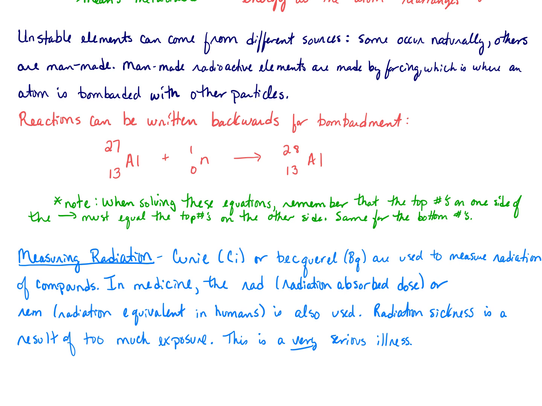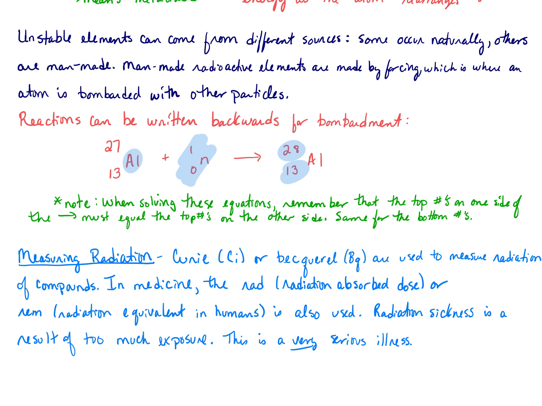So for example, let's say that we had aluminum with 27 and 13. If we bombard that with a neutron, it would be part of the reactant side. And so we would add the top numbers together, yielding a 28 in this case, and the bottom numbers won't change. That's still 13.